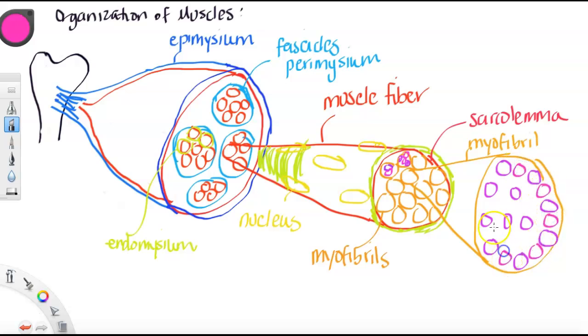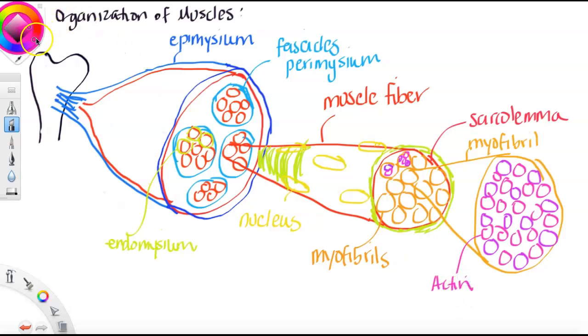And I'm doing them different colors because there are two flavors of myofilaments. So we have actin and we have myosin.